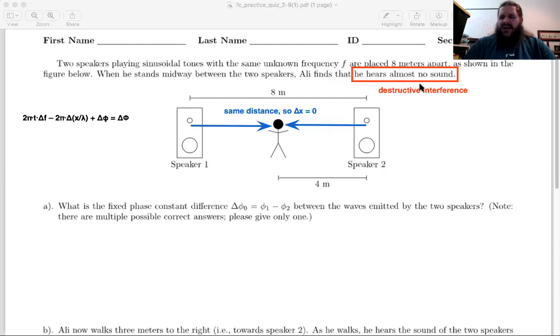I would expect, well, how much of a cycle do you have to go through? What fraction of a cycle do you have to go through to convert from constructive to destructive? Like if you've got two waves that are precisely lined up, that's going to be constructive, right? If you want to get it exactly out of phase, lambda over 2 would be it if we're talking about distance.